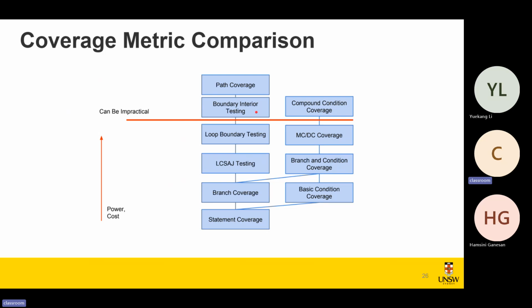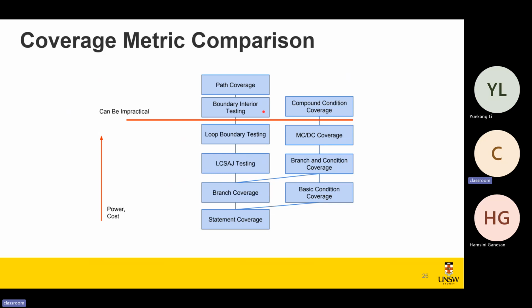So do you still remember why this could give us so many test cases? Even if we just want to execute each subpath once, we still may end up with too many test cases. Why? Not because of the loop, because we only care about the subpath. We don't care about the case where we loop back. We don't care about the number of times we loop. It is because inside the loops, there could be branches, right?